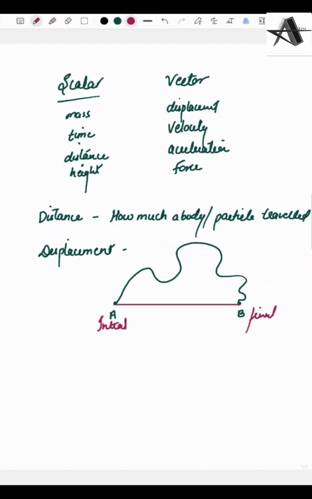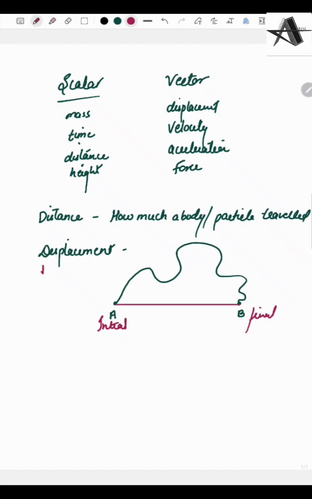If you think about the word displacement, it means how much a particular body has displaced itself. It's not important to know what path it has traced, but how far it is from the initial position, that will give you displacement.